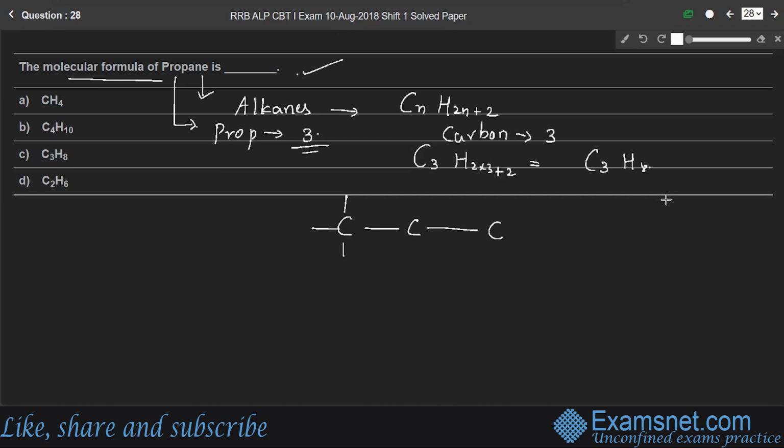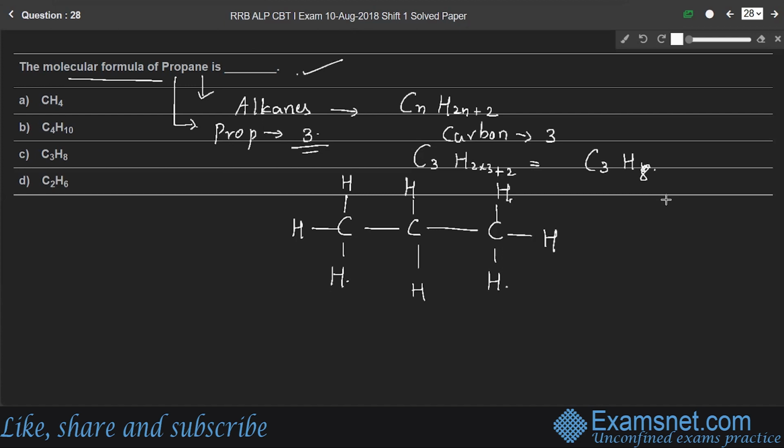That means four more electrons can be occupied in its outermost shell, and these are hydrogen electrons. Two hydrogens can be occupied on the middle carbon, and in the remaining carbon atoms three more hydrogens can be occupied. Therefore, it is C3H8, the molecular formula of propane.